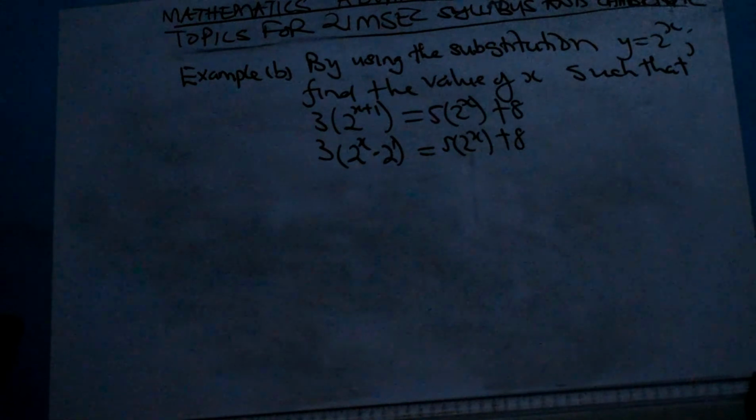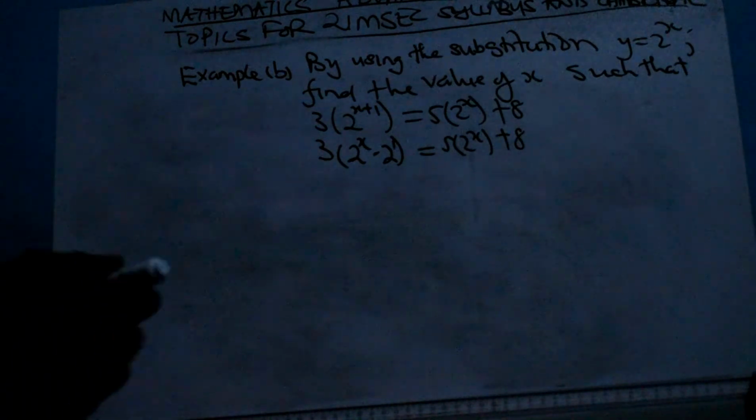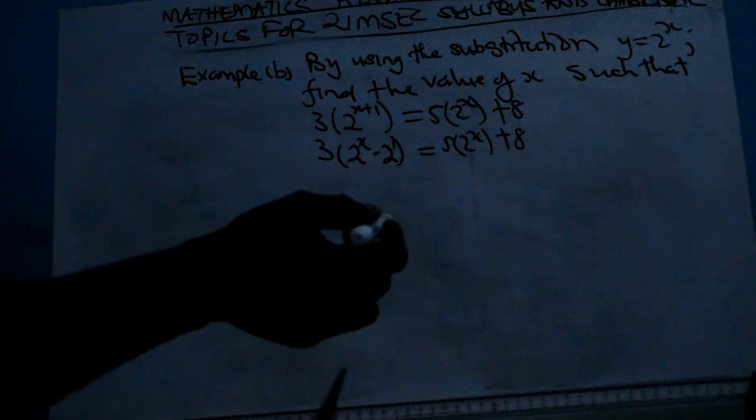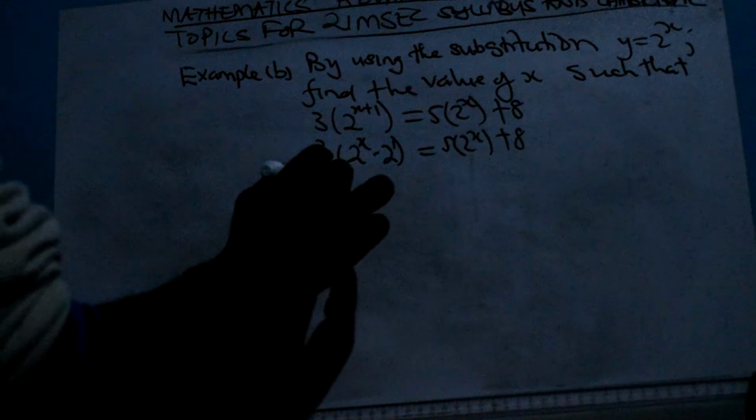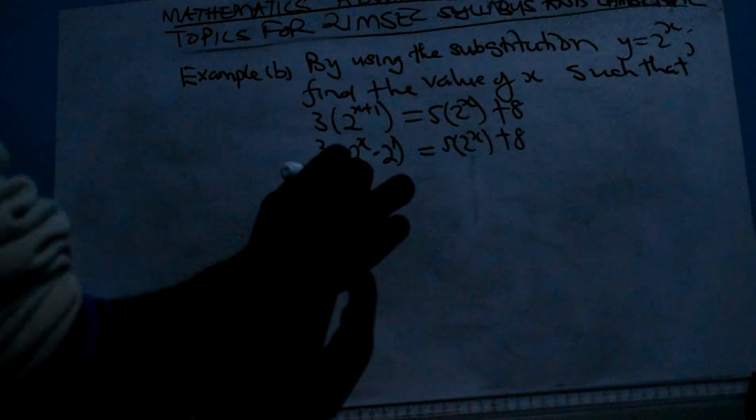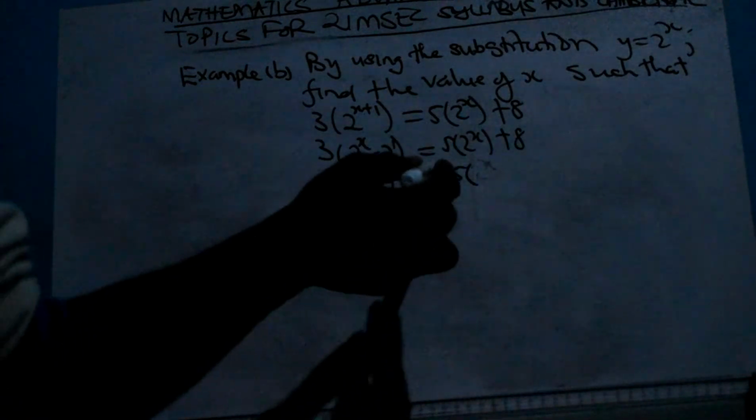But as per the question, we are given the substitution y equals 2 to the power x. So wherever we have 2 to the power x, we put y. So it becomes 3(y times 2) equals 5(y plus 8).